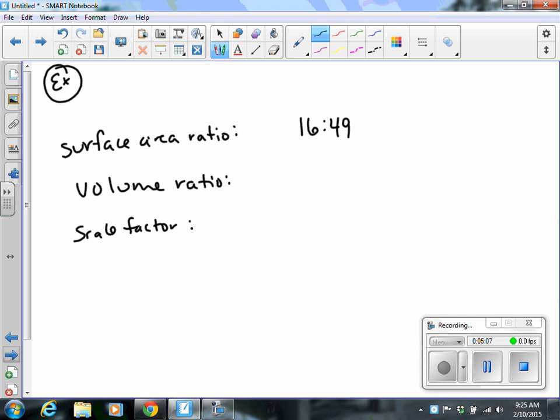Personally, I think the scale factor is easier to find, because once we know what our A and B are, we can figure out our volume. Some of you will be able to figure out your volume right away from your surface area ratio. But to break this down, I know it's A squared to B squared. To get to A to B, I'm going to take the square root of 16 and the square root of 49.